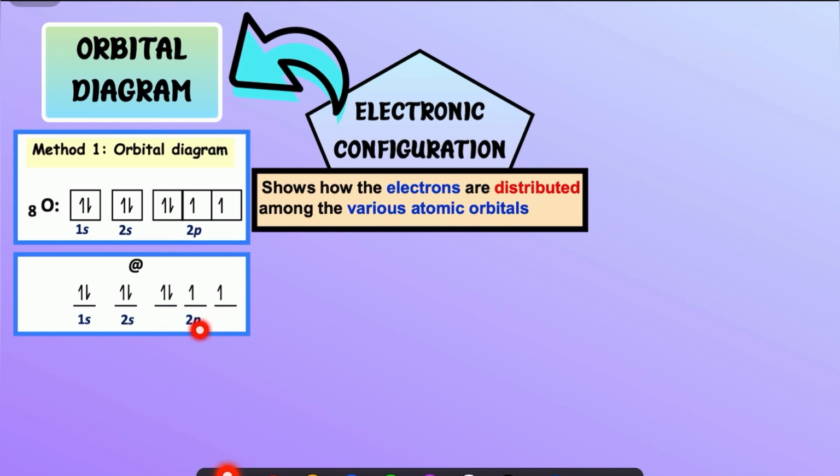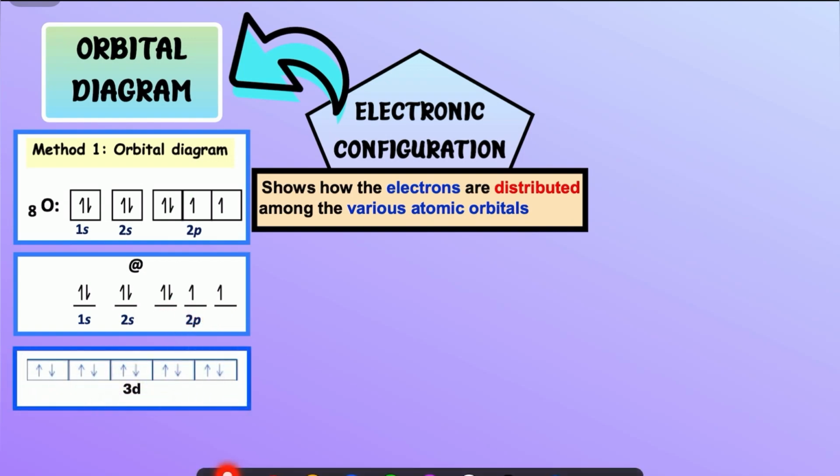So orbital 2p, we know that it has px, py, and pz, so the space is quite small compared to the space between 1s, 2s, and 2s and 2p. So here you can see that for the 2p, it has 3 lines.